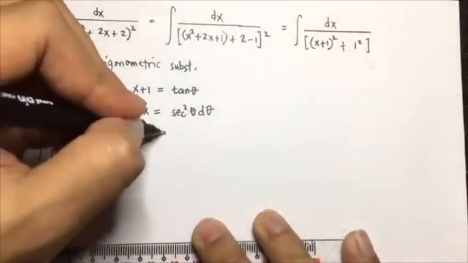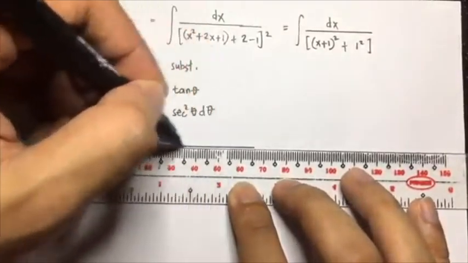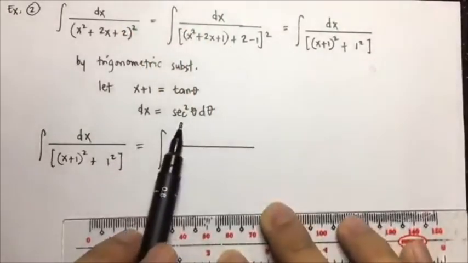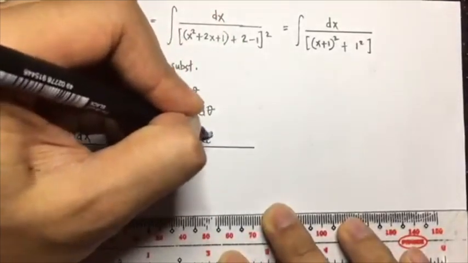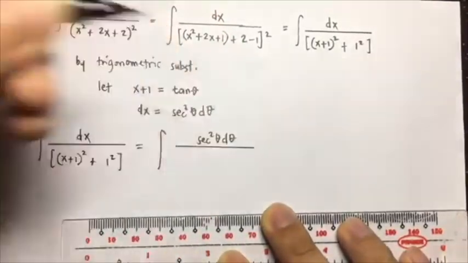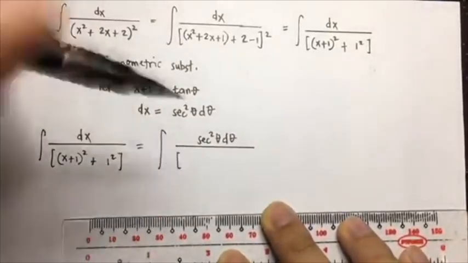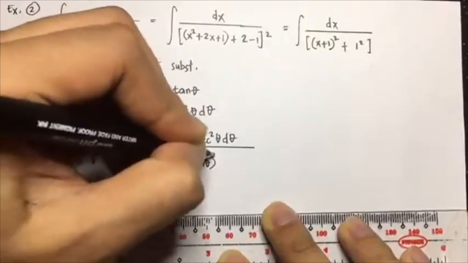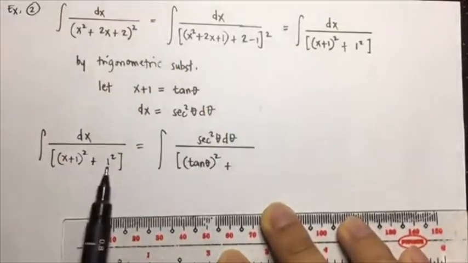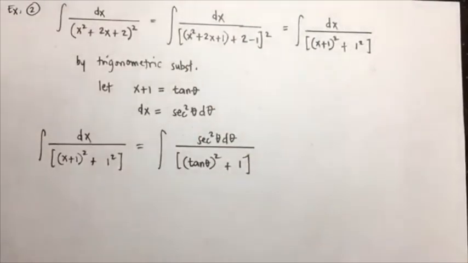This will now become the integral of, so our dx is secant squared theta d theta over, x plus 1 is equal to tangent theta, plus 1.